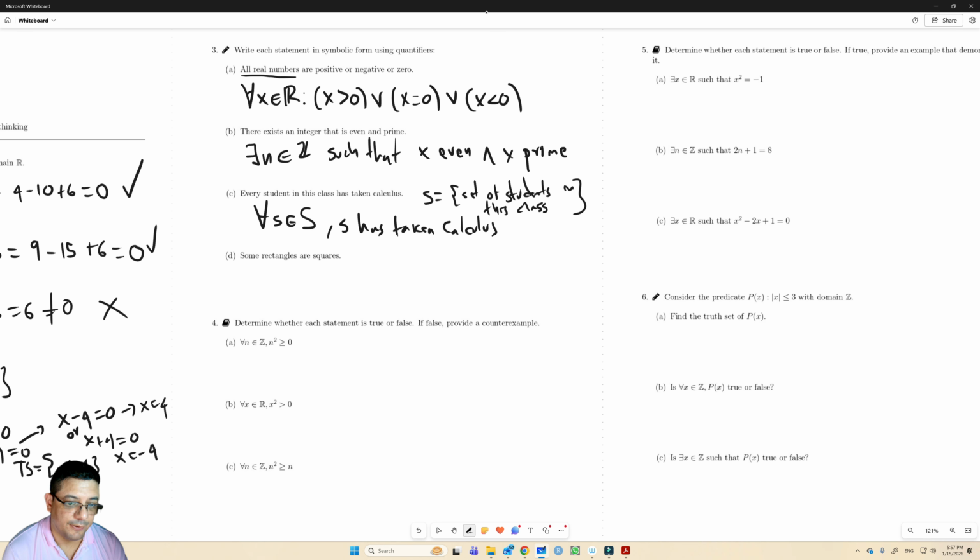You can, of course, define a predicate P(x) as x has taken calculus.